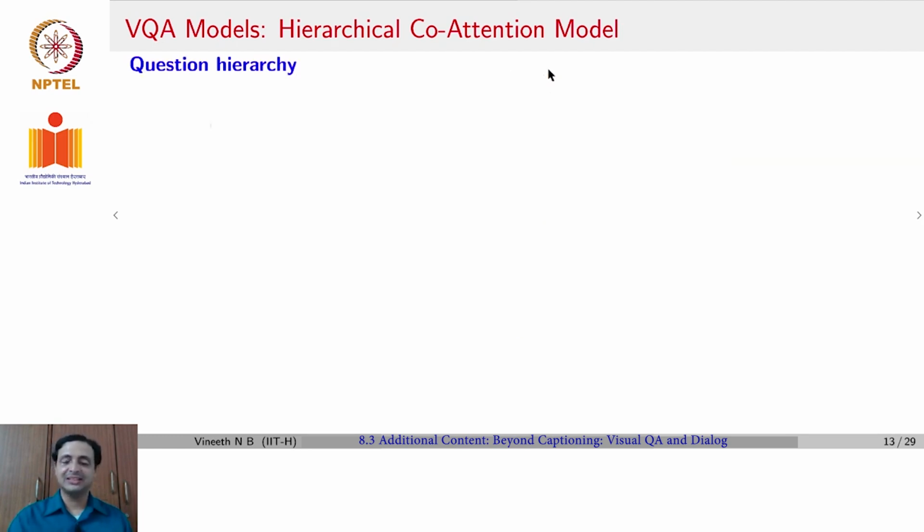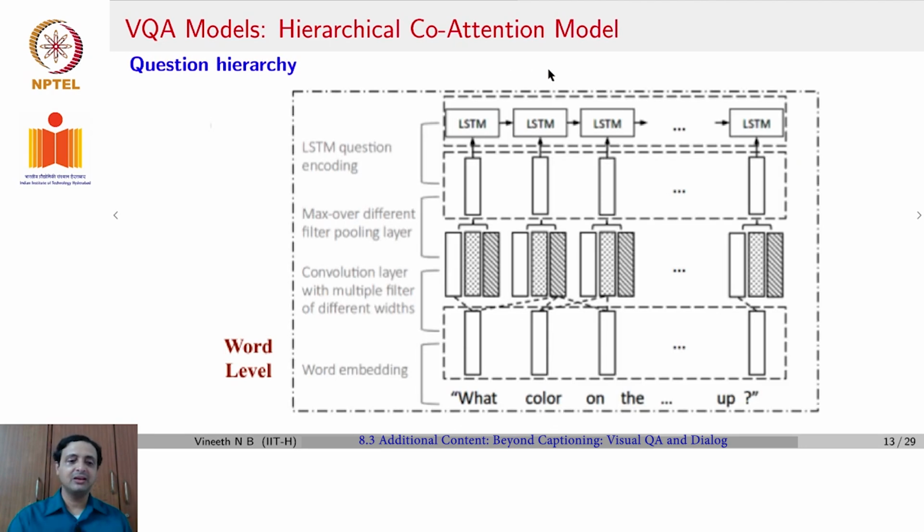So let's understand this in some more detail, the question hierarchy. So at a word level, you get a word level embedding as we just saw. How do we get the phrase level and question level embeddings? To get the phrase level embedding, you can take embeddings of each word of your caption, perform convolution across those inputs with multiple filters of different widths, and you would get vector representations such as these, which is what we call as phrase level embeddings.